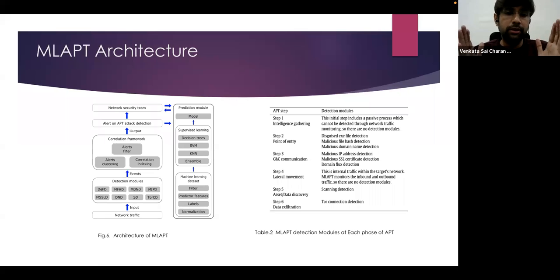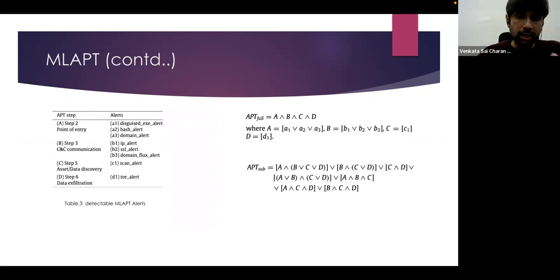So this module will take the data from the detection modules and cluster the alerts based on a particular time interval. And then the correlation indexing module will give a score of whether it's a full APT scenario or a sub APT scenario. What a full APT scenario or sub APT scenario is, I will clearly explain in this slide.